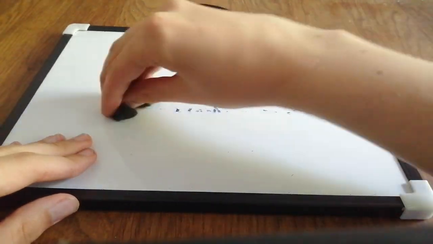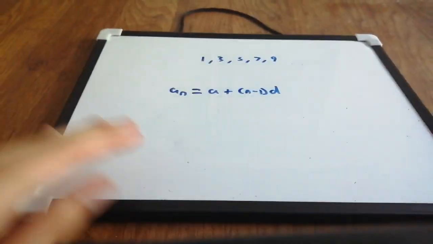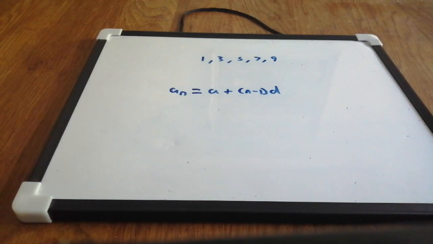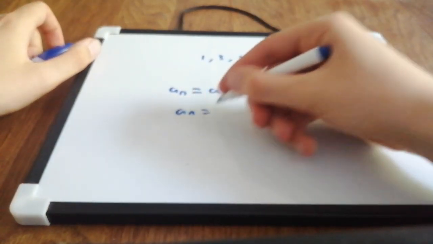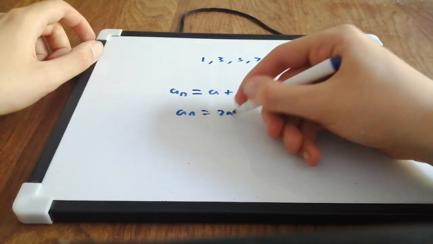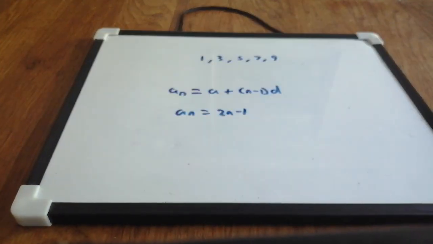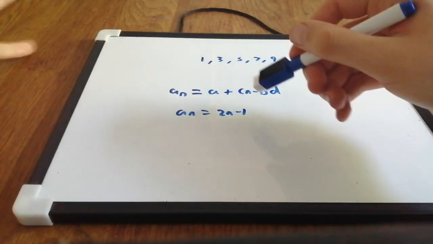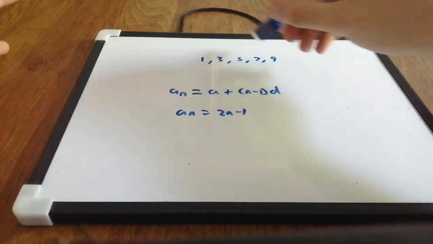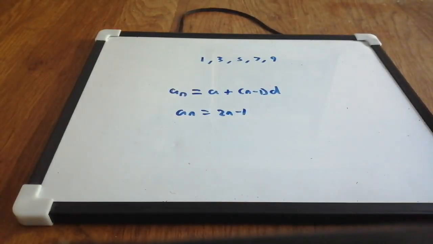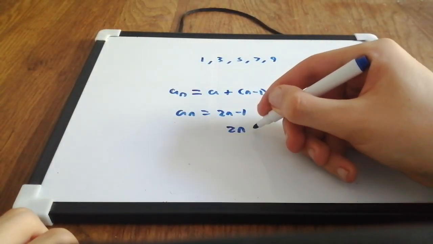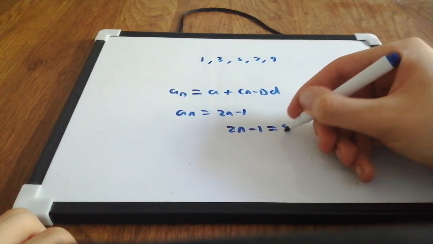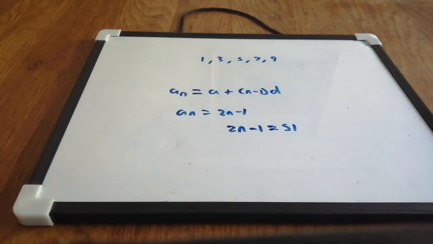Another problem you might also find is something like: find which term is equal to, let's say, 51. So let's say we had the same example, 2n minus 1, which we used up here. If we wanted to find at what value of n the term rule reaches 51, we're going to have to solve 2n minus 1 is equal to 51, because we want to find what value of n makes the sequence equal to 51.